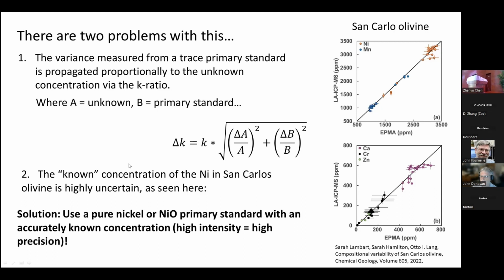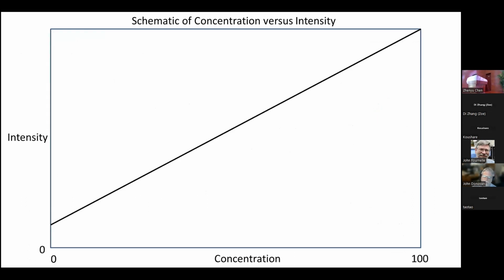Now, let's just review. So what we're doing is we're converting our intensities to a concentration, okay? And so we have a concentration that goes from 0 to 100 weight percent, and intensity that goes from some non-zero number, because we have a background, of course, to some other larger number.